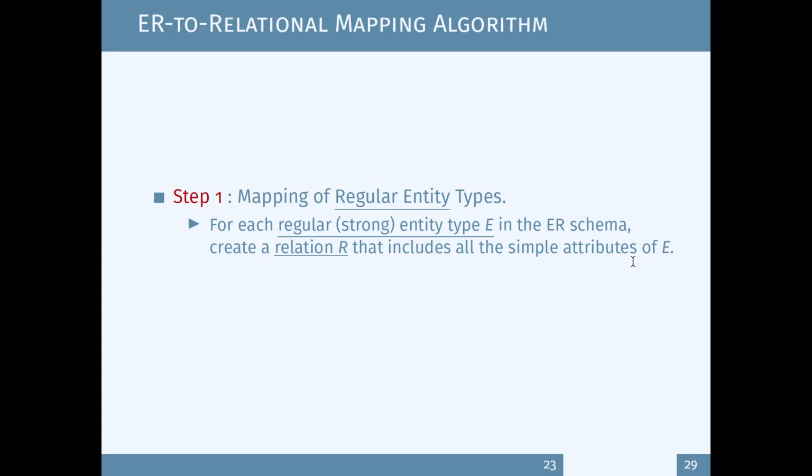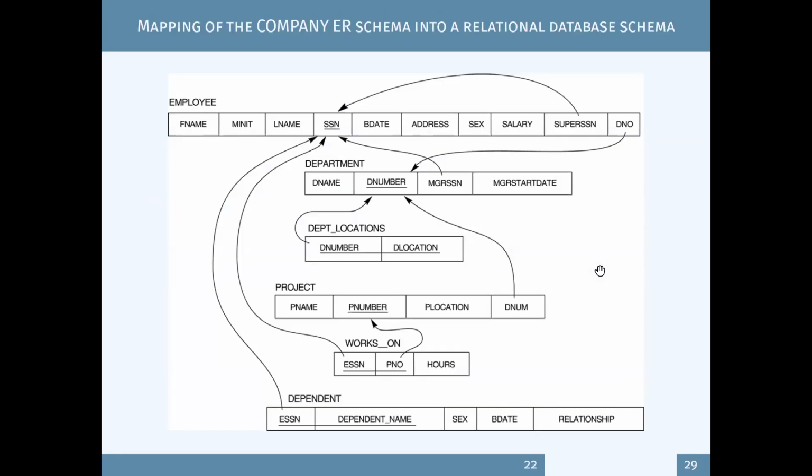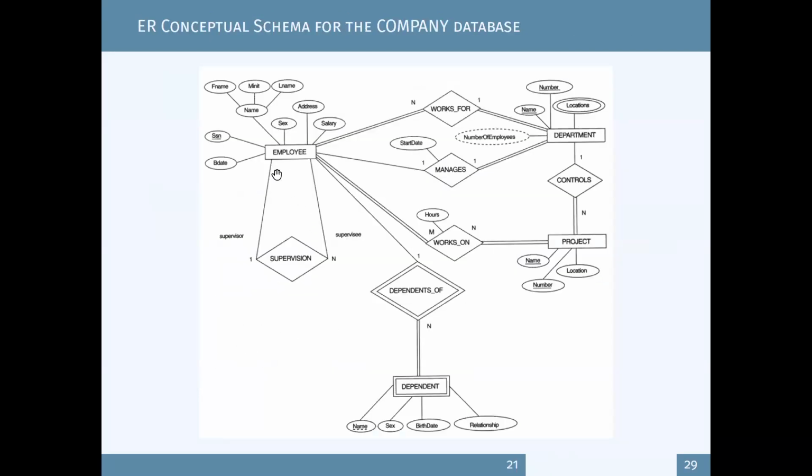For each entity, we create a relation, meaning a table, and we add all the simple attributes. Let me go back to this. So that means we have to create a relation, in other words, a table for employee.